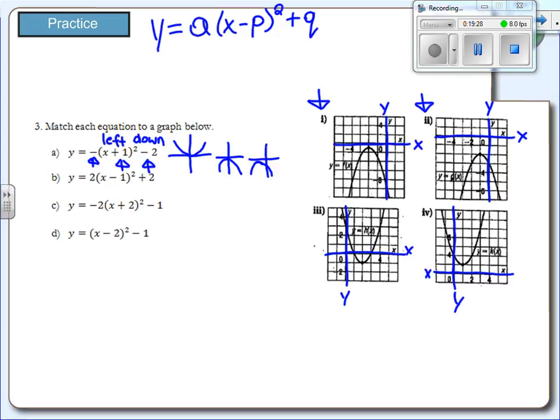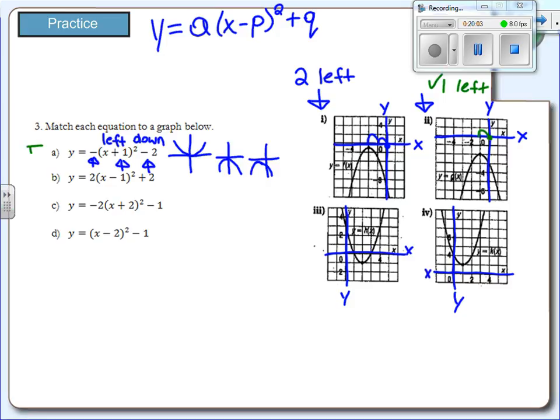Sorry, the first one has gone left from the origin, but it's gone 1, 2 spots to the left. This one over here has moved to the left from the origin, but it's only moved 1 to the left, and that's exactly what we wanted. So our first graph matches up with II.